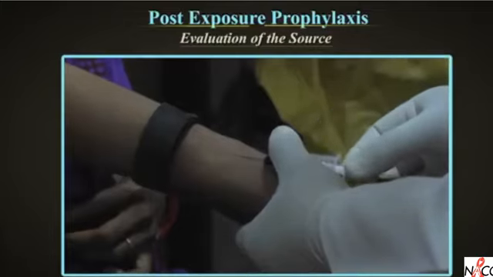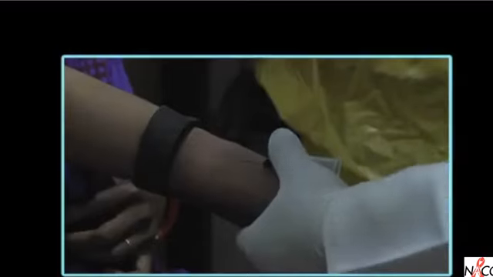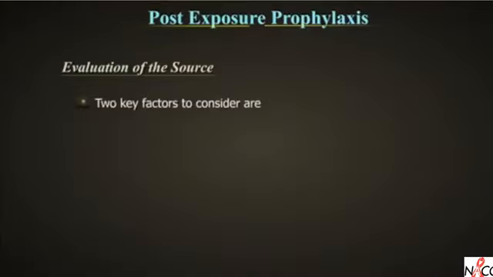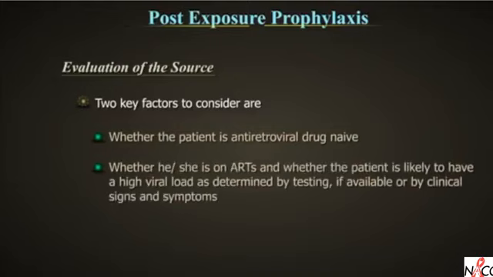If the patient is known to be HIV positive, evaluation of risk is in order. Two key factors to consider are whether the patient is antiretroviral drug naive or on ARTs, and whether the patient is likely to have a high viral load as determined by testing, if available, or by clinical signs and symptoms.